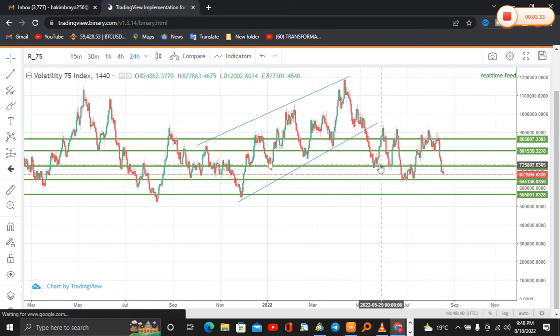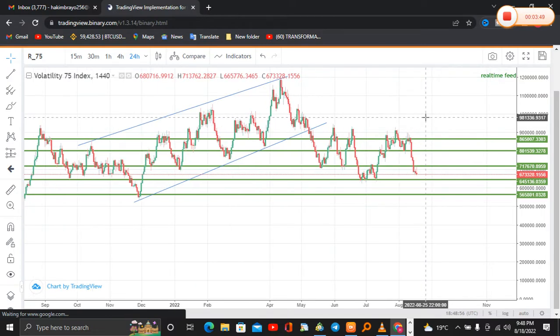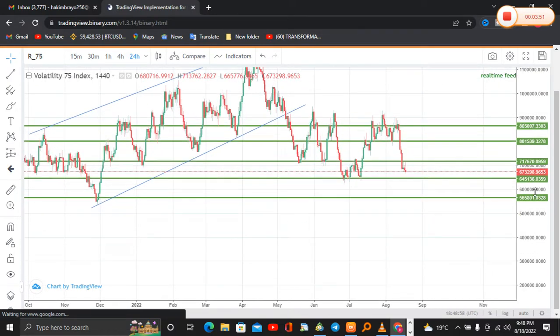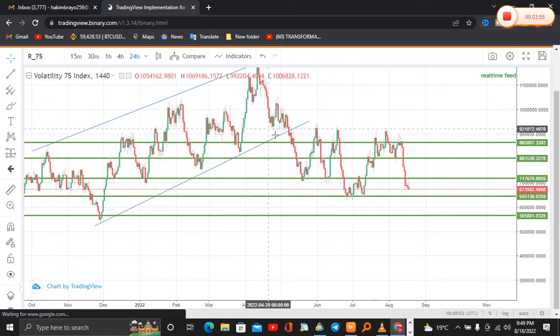After dropping, it respected this level, whereby it got this buying momentum and the price pushed back up to the upside. Now 75 has been playing around this particular area for a long time, but you can see the momentum of sellers is more than the momentum of the buyers.